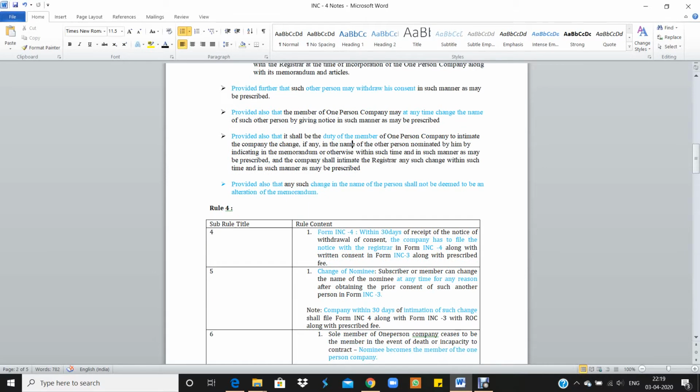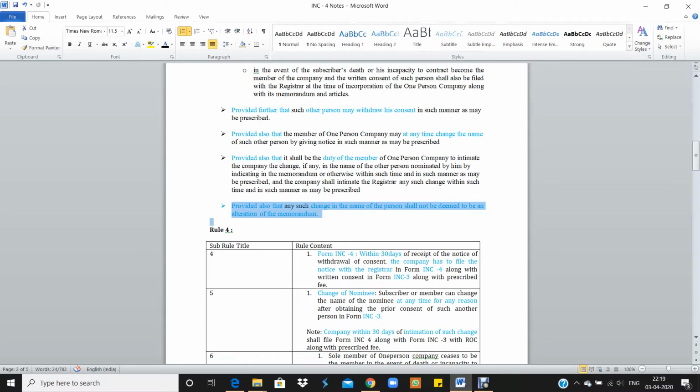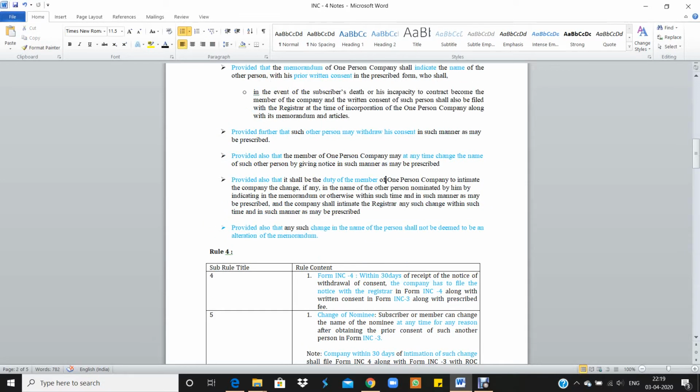Then, providing also that any such change in the name of person shall not be deemed to be an alteration of memorandum. Suppose the nominee has given a withdrawal of consent, or the subscriber has changed the nominee, or if there is any cessation and the nominee becomes a member of one person company, what will happen? The company has to intimate the registrar and there will be a change in the name of the person.